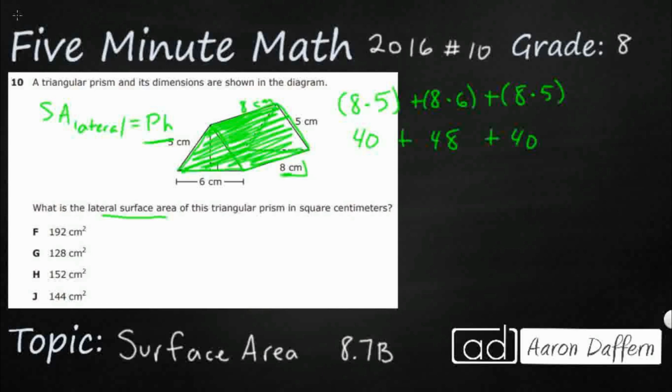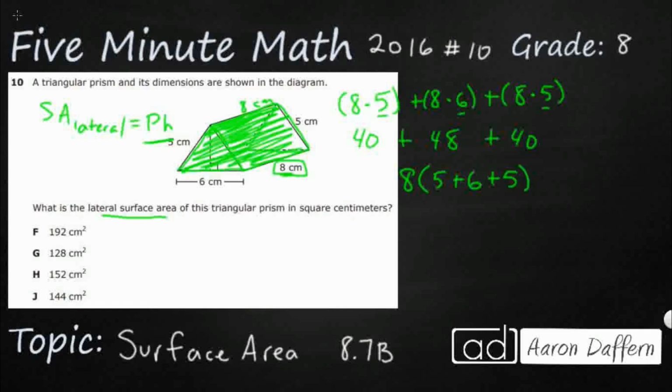I'm always using that 8 because that's my height. So what if I factor that out? What if I did this 8 times, then what was left? It was 5 plus 6 plus 5. So I'm going to factor that common factor out.